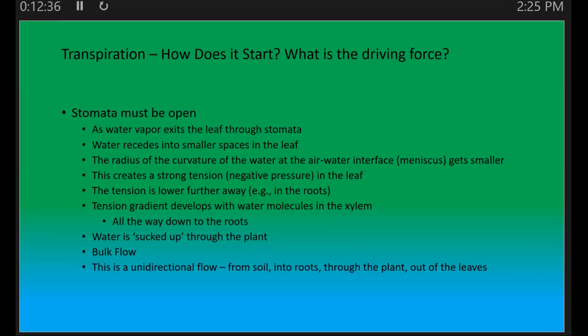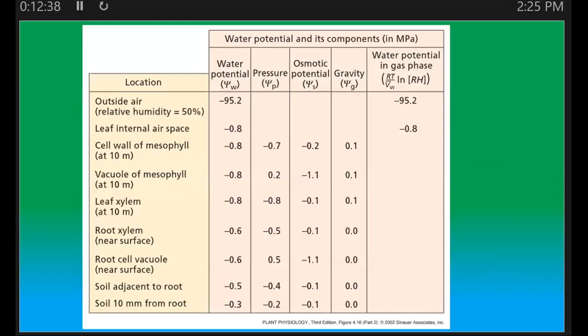And so here, this image is trying to show you that this is based on a tension gradient. If you look at that first column where it says water potential, psi sub W, and the second one is your pressure potential, you can see that as you start at the soil, you have negative 0.2, which is not much, but then you get up into the leaf and it's more negative.